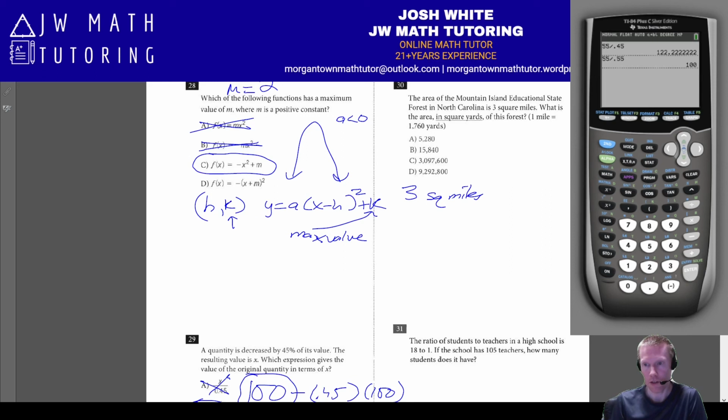So all we have to do is multiply by the conversion factor, 1 mile, 1760 yards, just twice. Or you could also think of it as taking the conversion factor and squaring it. So this one is just 3 times 1760 times 1760, and that's it.